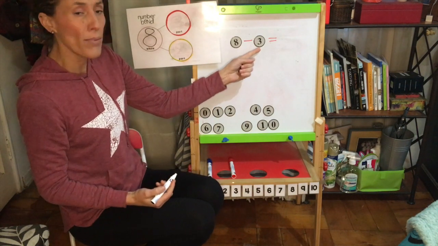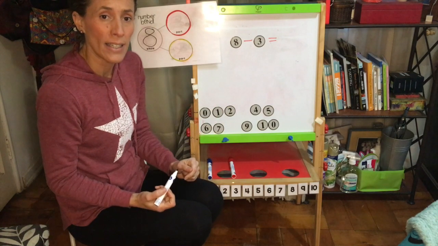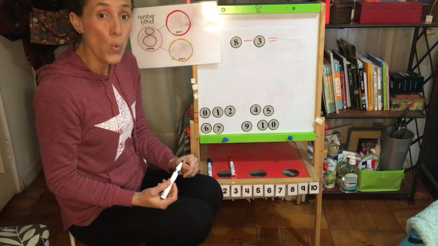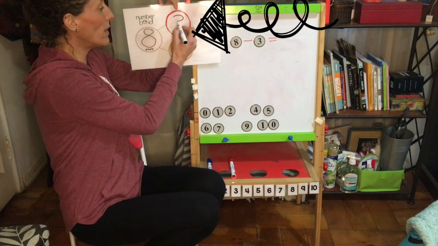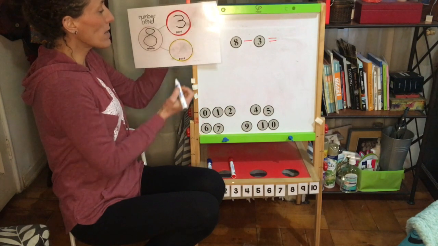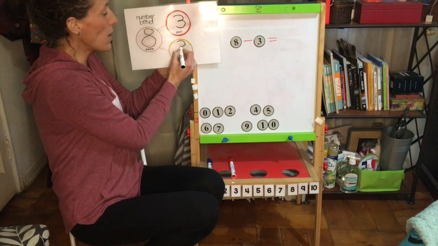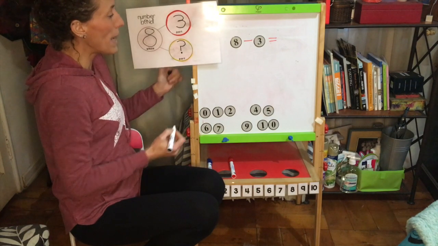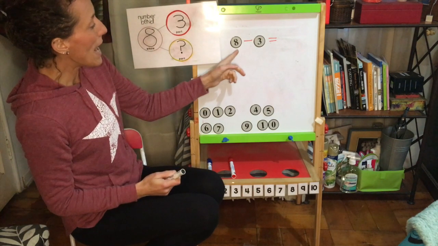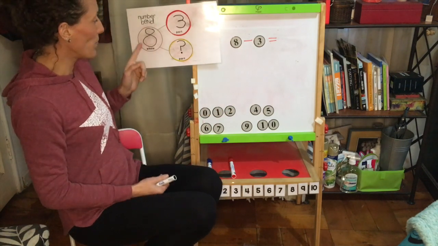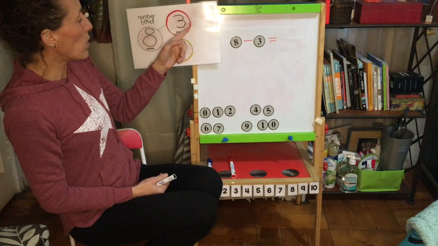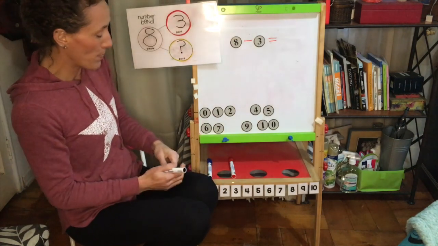And number 3, what is it? Yes, it's one of the parts. So I will write it here because it's one of the parts. And we need to find how many are left. 8 minus 3 equals, and we're going to find out. 8, and we know that one part is 3.